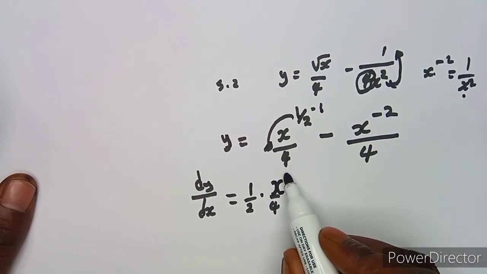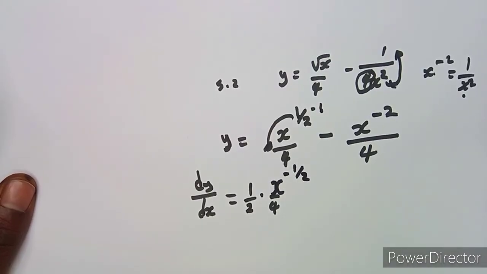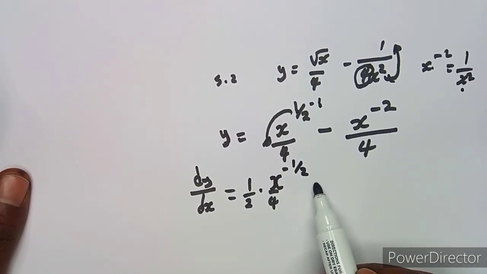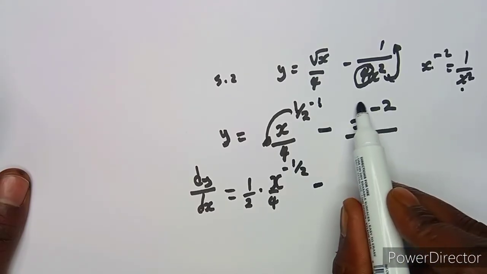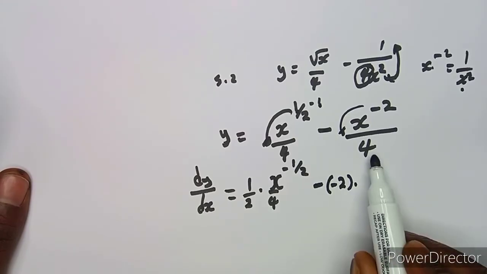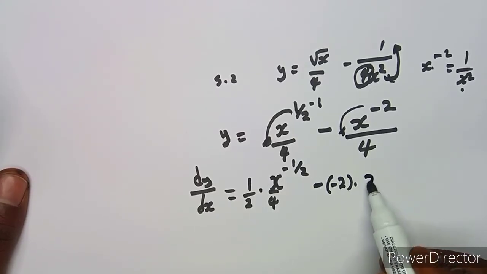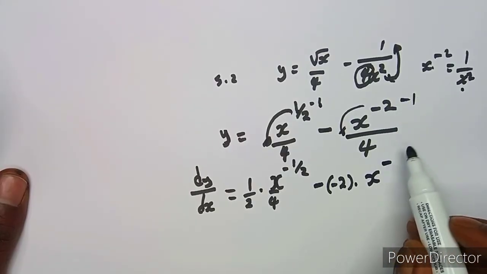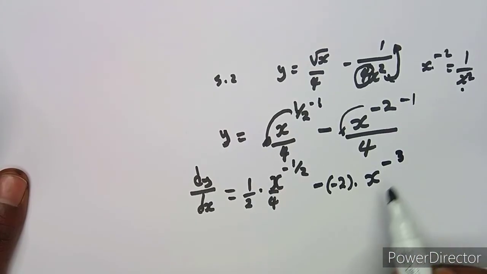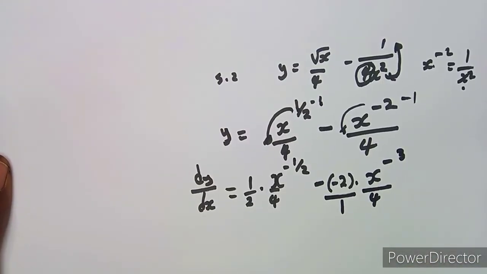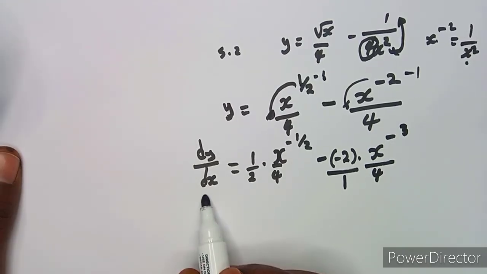So this is just x to the exponent of minus half, like that. All right, you do the same here. There's a minus, so you drop the exponent, which is minus 2, so it's going to be minus 2 times this part here, so it's going to be x to the exponent. You remember, you subtract 1, so it's going to be minus 2 minus 1, which is minus 3 over 4. There's a 4, so this one is the same as over 1, like this. All right, so that's your dy dx.